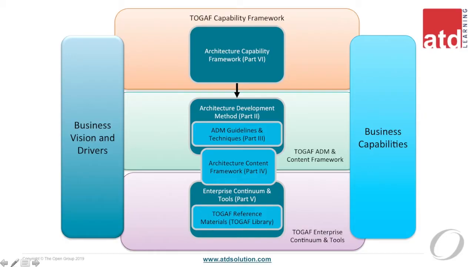From there, you look at the guidelines and techniques. What is our workload today? How many of us are actually available in terms of architects, the coverage? After that, you look at the content framework. This is where I mentioned the database table. Now you decide which viewpoints and which artifacts we are going to develop. From there, you put in the reference material, the library, or the industry best practices that you're going to use.